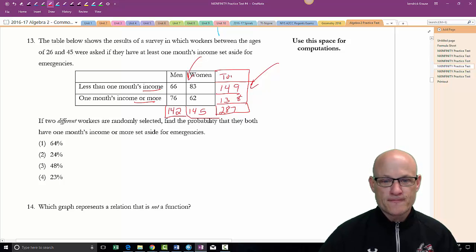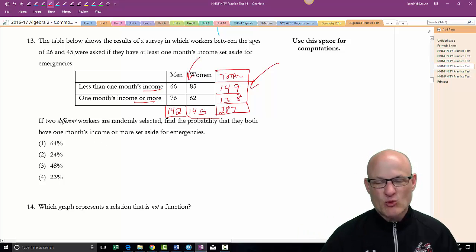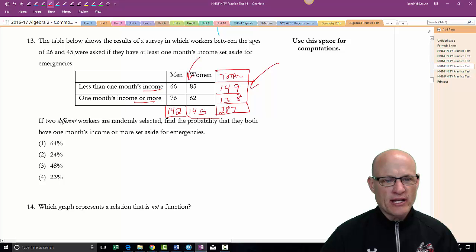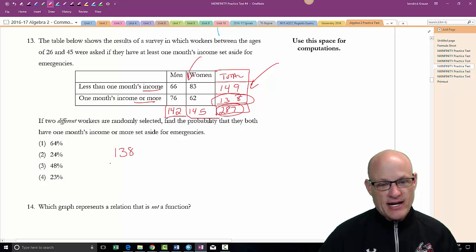They're your totals. So the question says, find the probability that both have, so you're selecting 2 people at random, and you want to know that both of them have at least 1 month's income. So there's 138 of the 287. So 138 out of 287 have 1 month income.